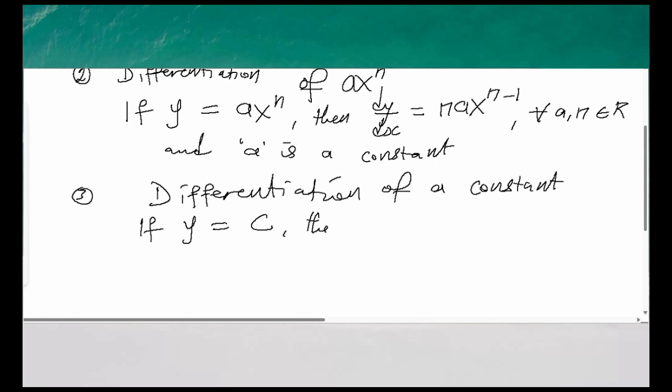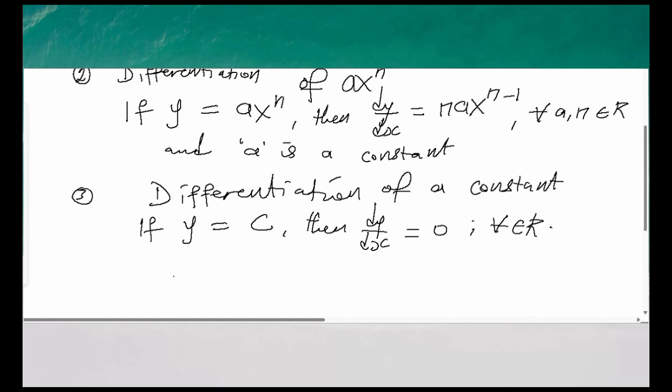Then dy/dx is going to be 0, and this holds for all c belonging to real numbers. But why is the differentiation of a constant 0? That is what I want us to look at.